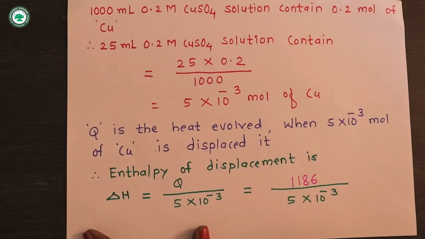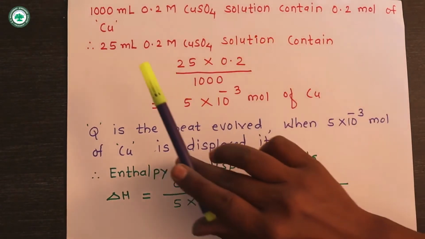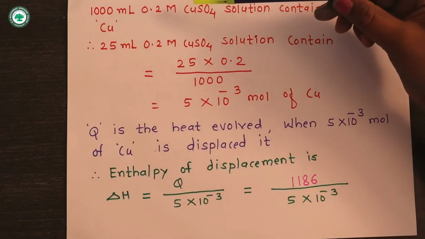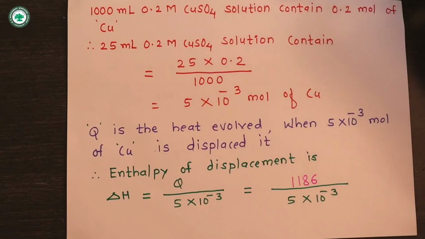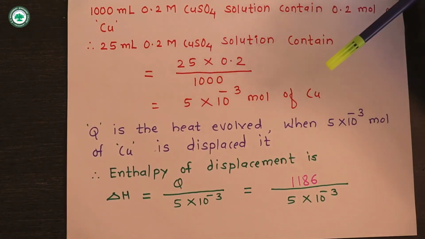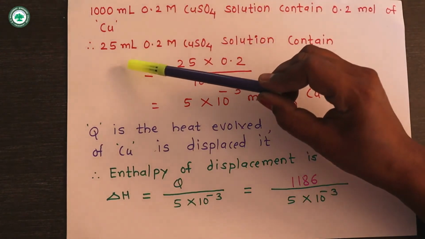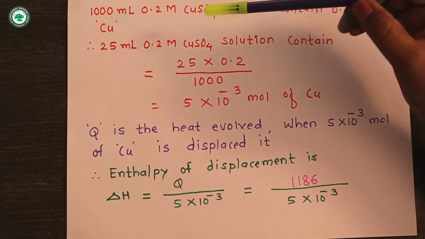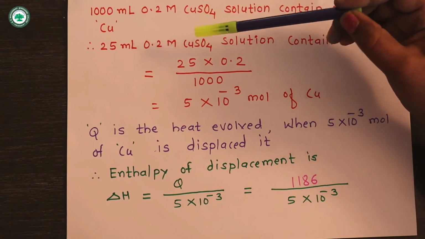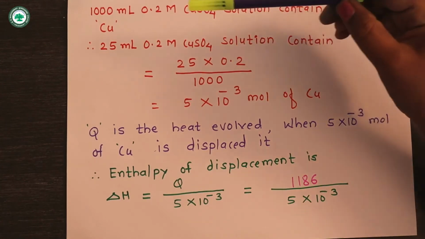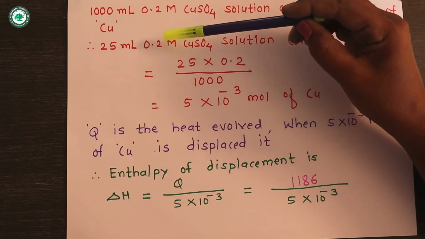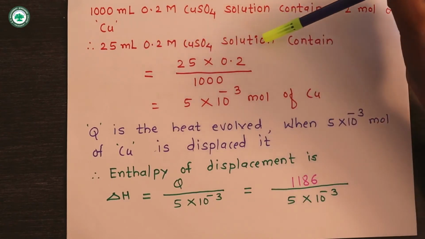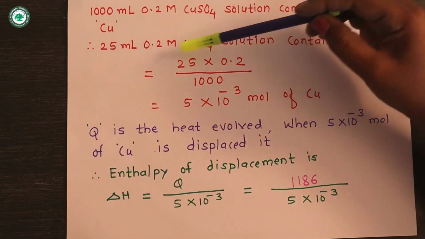Now let us see a standard equation. 1000 ml of 0.2 molar copper sulfate solution contains 0.2 mole of copper, and in this experiment we have used 25 ml of 0.2 molar copper sulfate solution, so we can find out how much copper is present in 25 ml of 0.2 molar copper sulfate solution by cross multiplication.